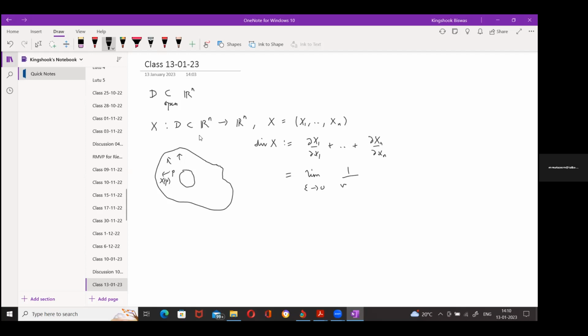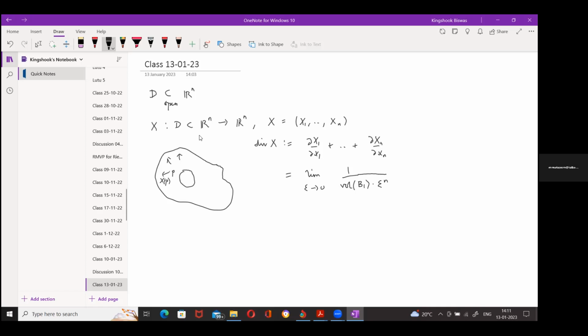So the volume of the unit ball times epsilon power n.